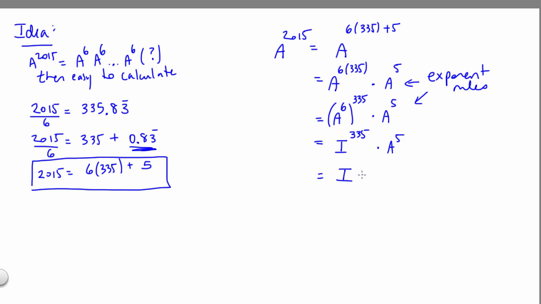So this is really I times a to the 5th. And thinking back to the second property of the identity matrix from our previous screen, when you take I times any matrix, you just get back that original matrix. So this gives us a to the 5th.